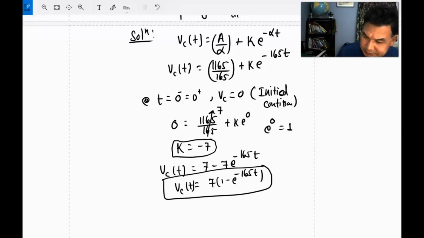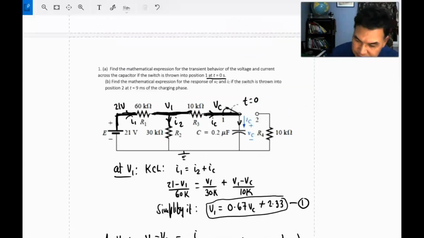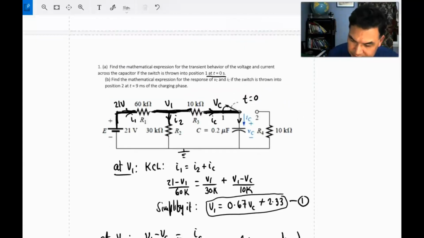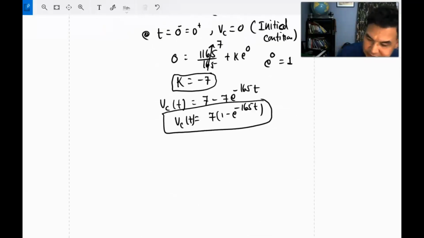That's the first part of the question. Let's see the second part, which asks for voltage and current. Once you have the voltage, the current through the capacitor as a function of time is just C dVc over dt.